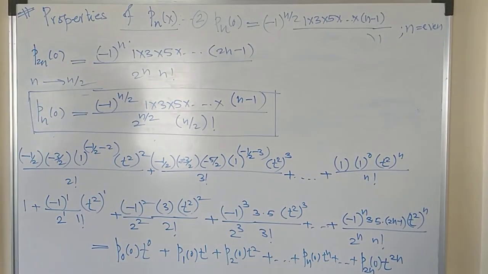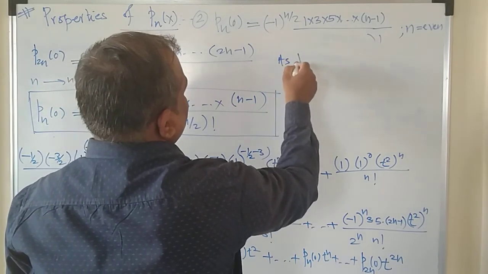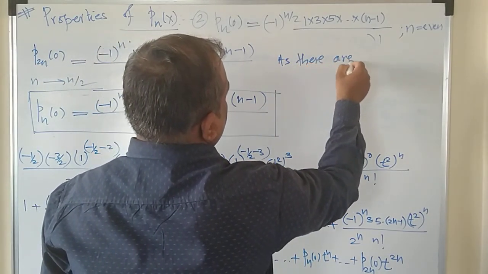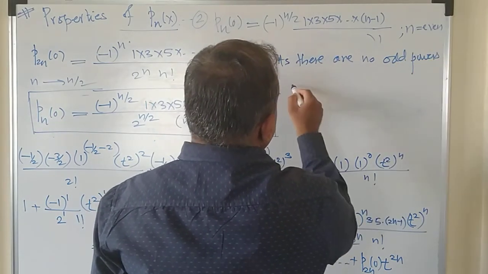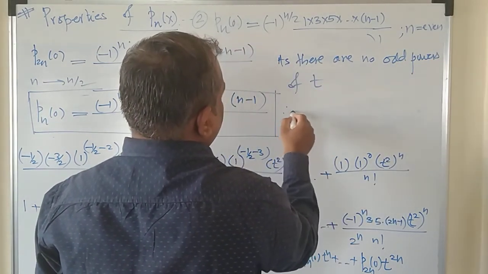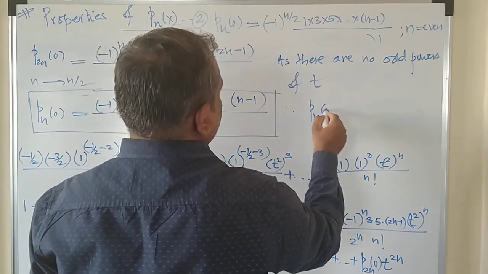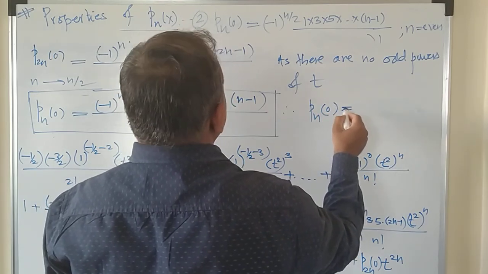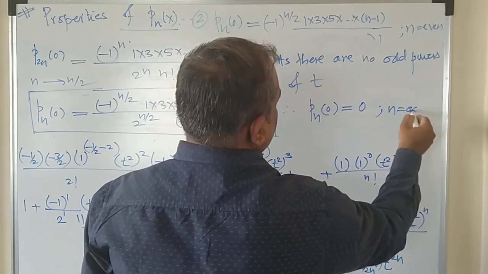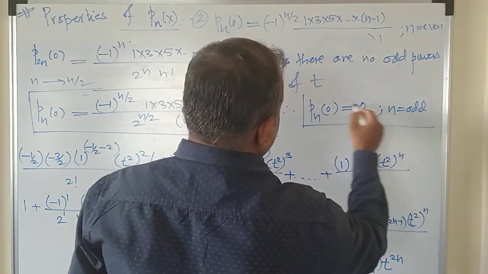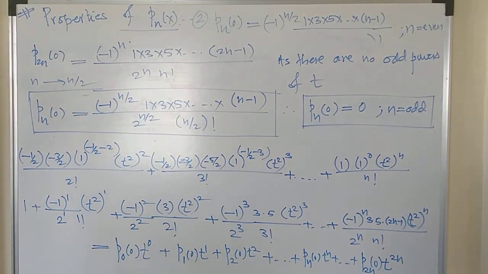There are no odd powers of t, and therefore Pn of 0 is equal to 0 when n is odd, right? So this is the proof for the second one also.